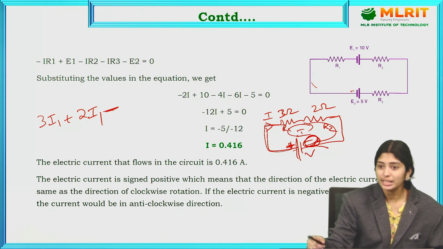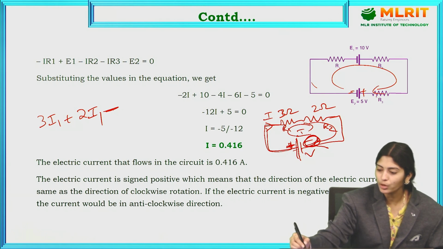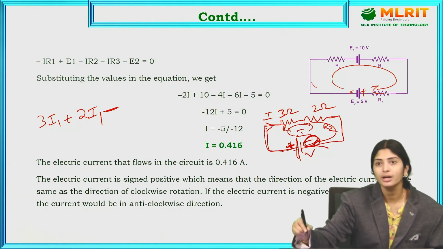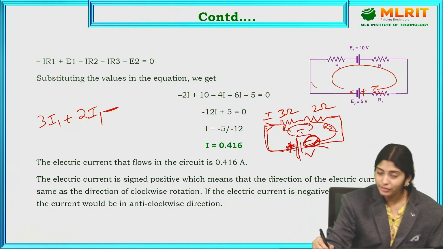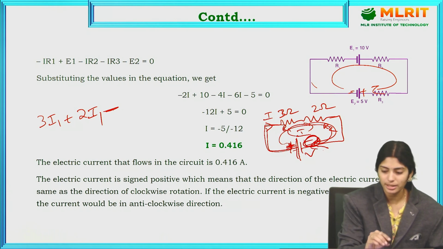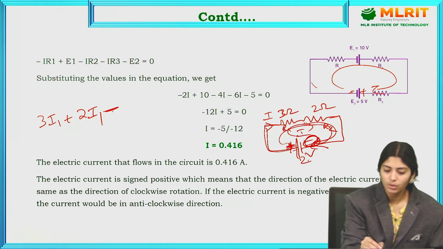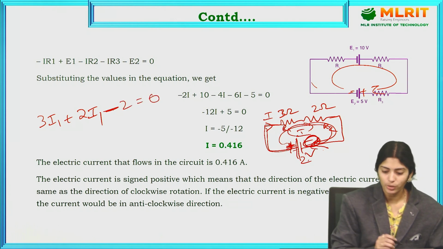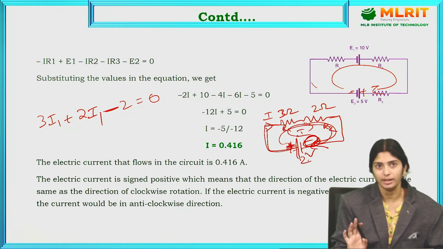Before, from the negative side we had considered, so if it comes like this, here it came positive. Minus into plus became positive, into negative became negative. But here we are considering from positive, and throughout it is flowing positive. Again here, from positive into negative became negative. In such a case, let us consider the voltage is 2 volts. So minus 2 is equal to 0. Likewise we are going to write down the equation for KVL.